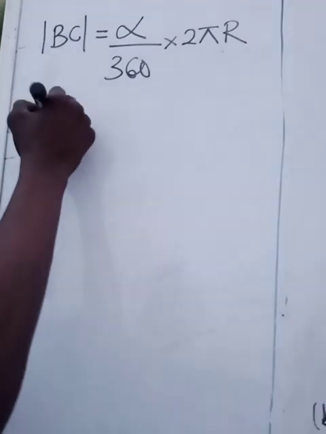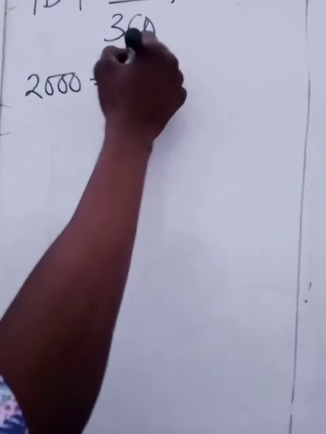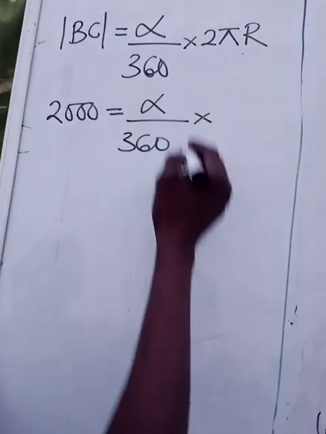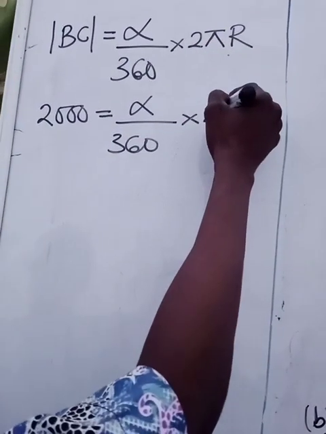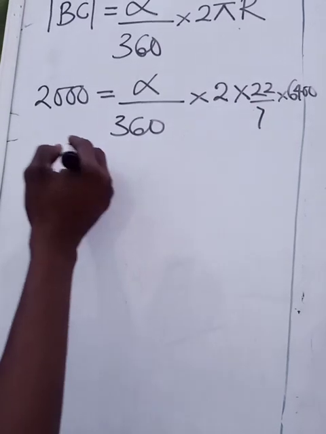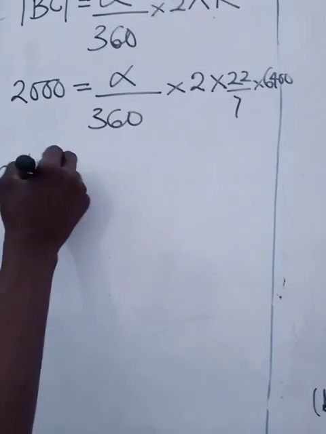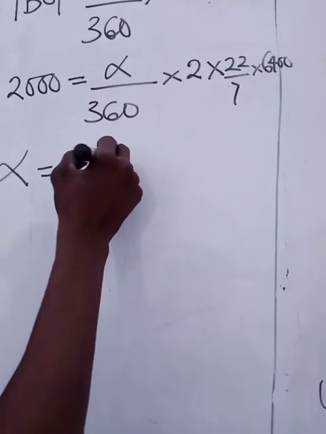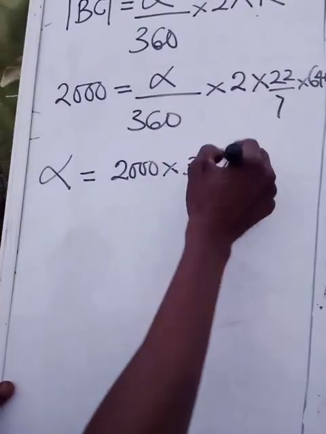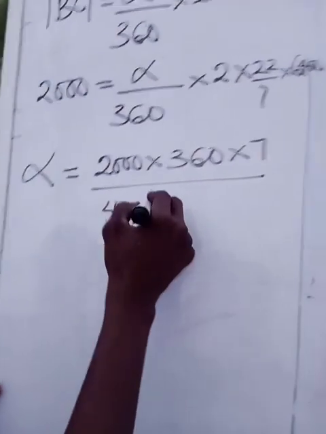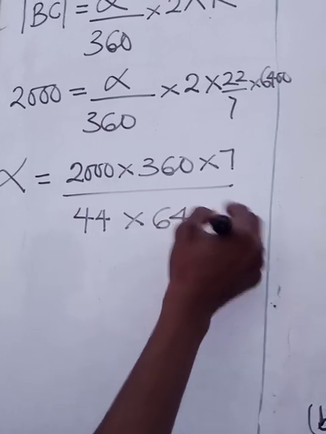So the distance is 2,000 kilometers, which will be alpha, that we want to get, over 360 multiplied by 2, multiplied by 22 over 7, then multiplied by 6,400. So alpha will be 2,000 multiplied by 360 multiplied by 7, divided by 44 multiplied by 6,400.